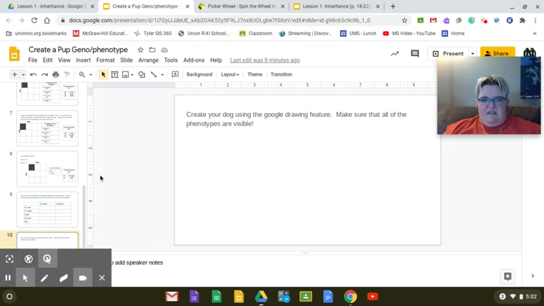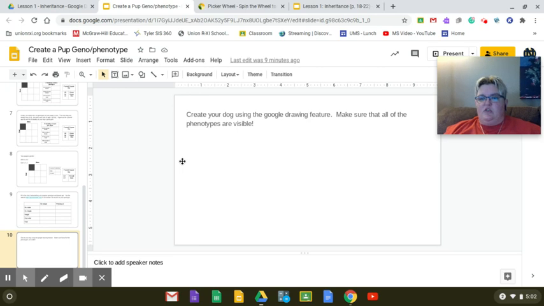Okay, sorry guys, I had to pause there for a minute to figure out that problem. On here, actually, the drawing tool is not going to be readily available. So instead, what you're going to do is you're just going to import pictures of dogs with your feature.